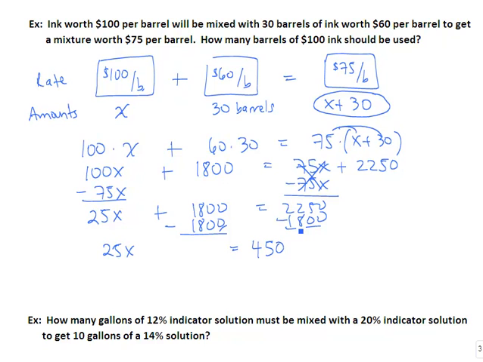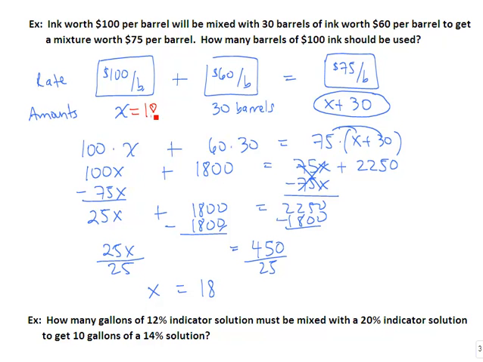And to finish this problem off, we want to get rid of the coefficient in front of x, so divide both sides by 25, and 450 divided by 25 turns out to be 18. Now that's what x is, and x was our amount of the $100 per barrel ink.